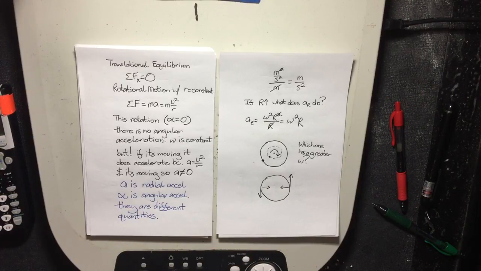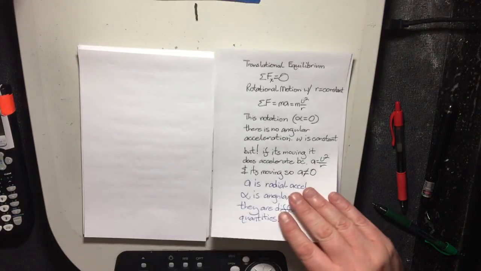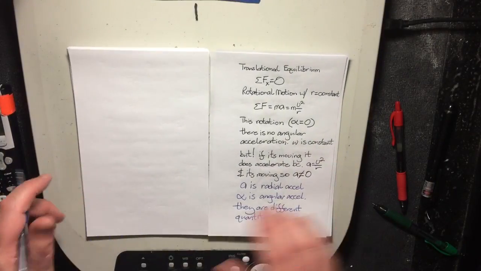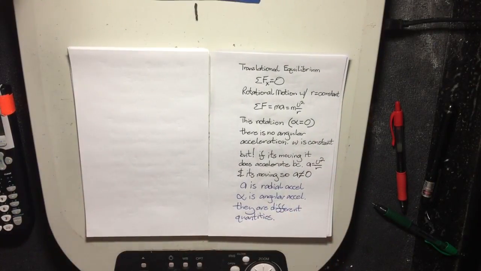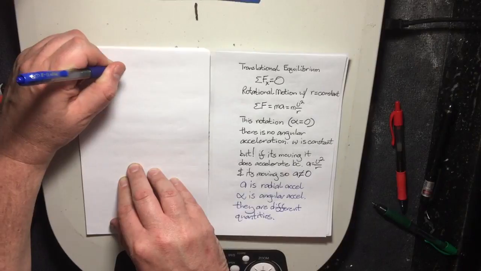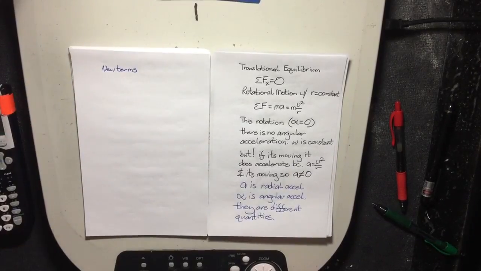One is the first letter of the Greek alphabet, the other one is the first letter of the Roman alphabet, but they are different. With this rotation, some new terms.